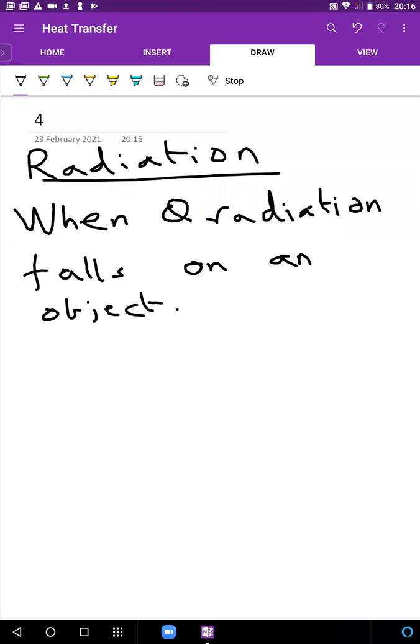So Q is the amount of energy, or the amount of radiation, that's falling on an object, via radiation.